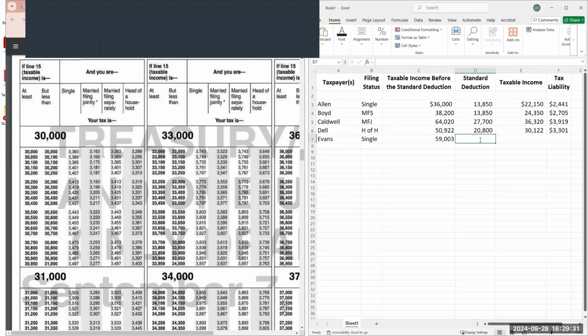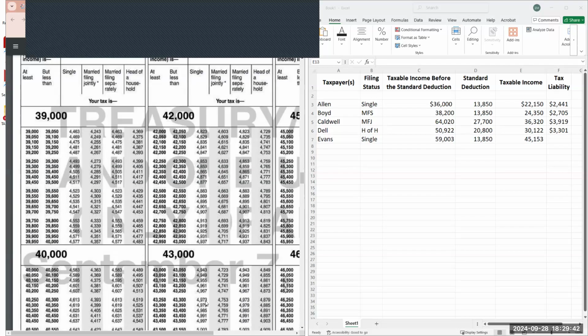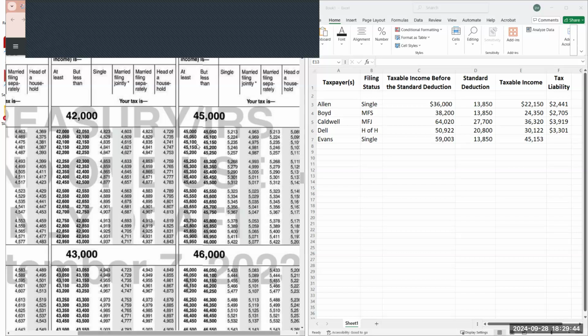The standard deduction for a single individual is $13,850. So taxable income of $45,000, we scroll down. $45,153, so it falls within the range of $45,150 to $45,200.